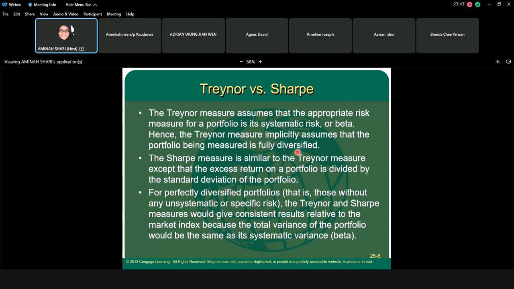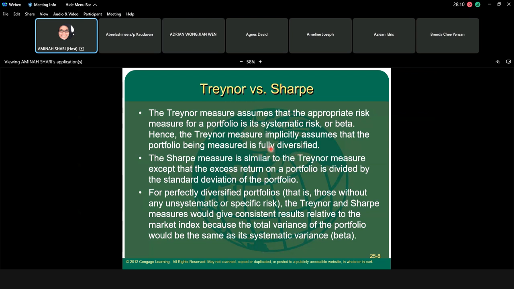Okay, fully diversified ni maksudnya dia tak mengambil kira ada factors lah. Okay, ada factors ni contohnya faktor luaran yang mempengaruhi performance of the mutual fund. Sometimes the inflation, the economic factors. Okay, that is the weaknesses of the Treynor lah.